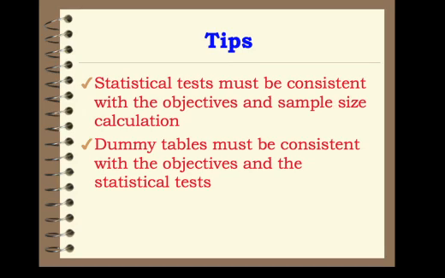Just to summarize, all five have to be consistent: the objective of the study first, second, the operational definition, third, the sample size calculation, fourth, statistical analysis, and lastly, the dummy tables. They should be consistent in terms of data classification, statistical analysis, sample size calculation, and dummy tables.